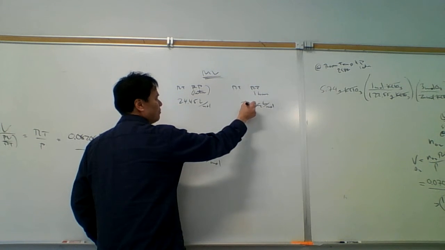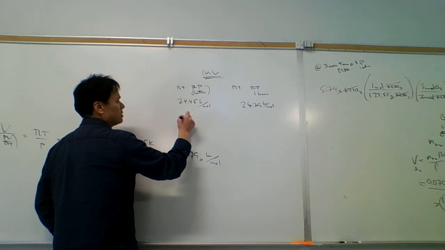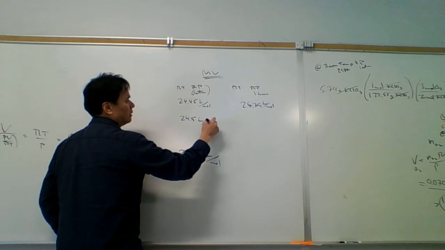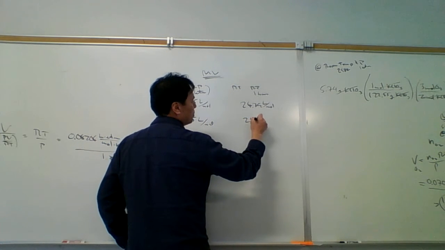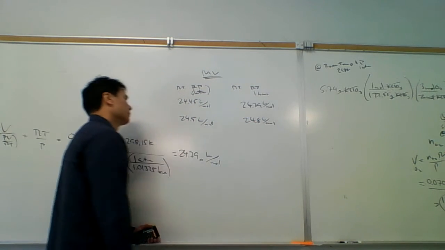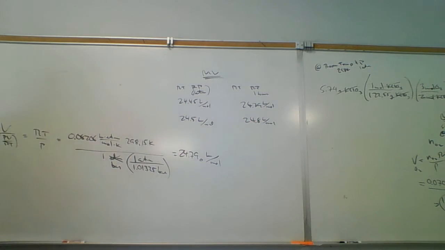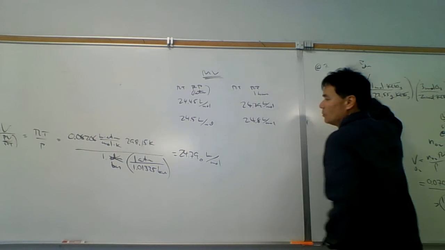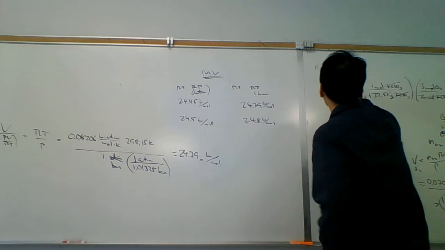But since this is Chem 4, we're going to round this to 24.5 liters per mole, and then we'll round this one to 24.8 liters per mole. Although we should probably leave it at 4 sig figs rather than 3. We're allowed more, actually. Yeah, no, 4 sig figs.